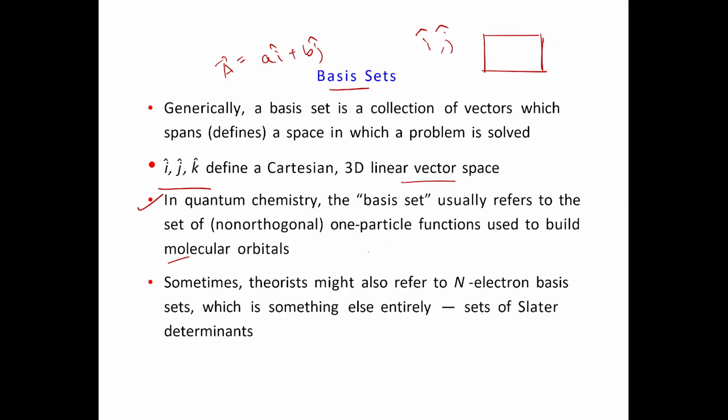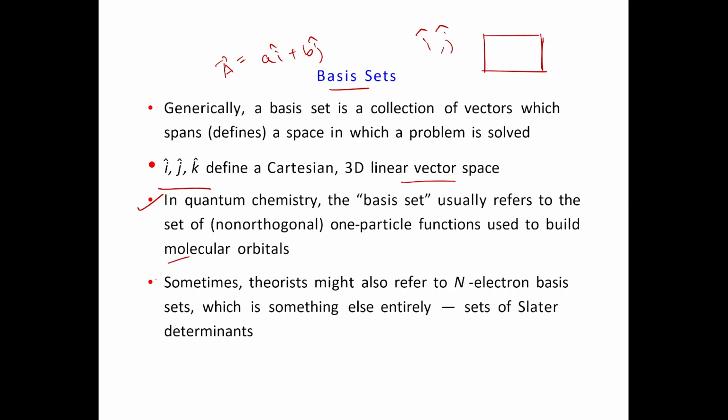When you solve the Hartree-Fock problem, the basis set you use comes from different Hamiltonians. For a water molecule, you have the solution of the oxygen Hamiltonian and the hydrogen Hamiltonian, so they are not orthogonal. That is usually referred to as a basis set here.